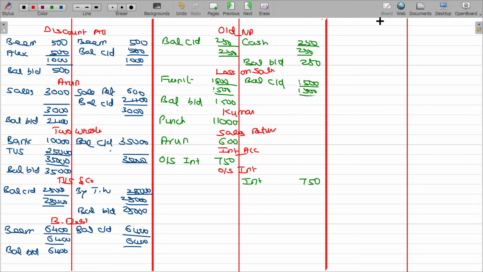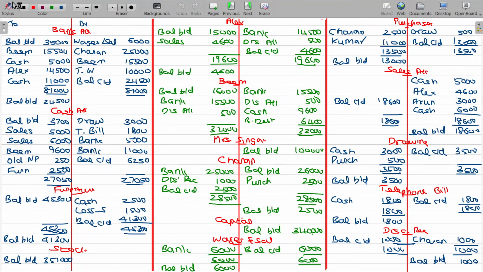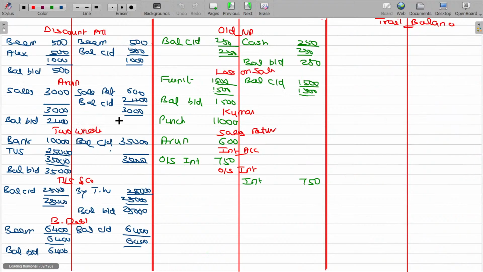Finally, I am going to prepare the trial balance. Record all the accounts' balances. Bank account shows a balance of 24,500. If it shows on the debit side, put the value on the debit side, else credit side.